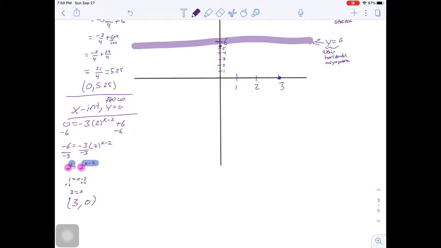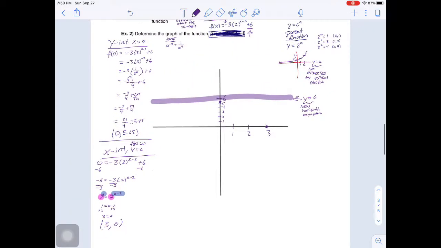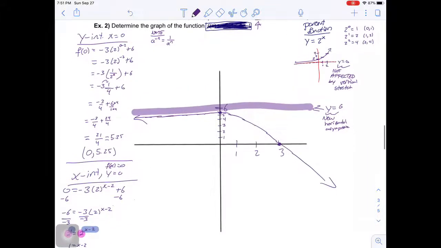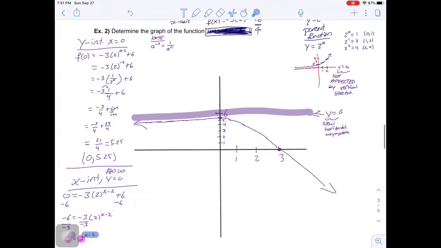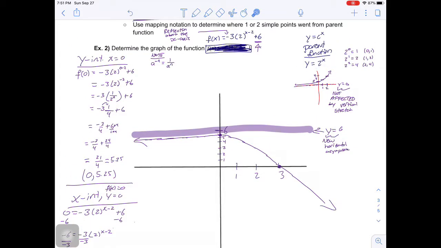Now, again, something good sometimes is to find one other point. But at the end of the day, we actually have a really good understanding of what this graph is going to look like. It's going to look something like this. And you can see all the things that happen to this function, right? Our parent function, y equals 2 to the power of x, was an exponential increasing function.